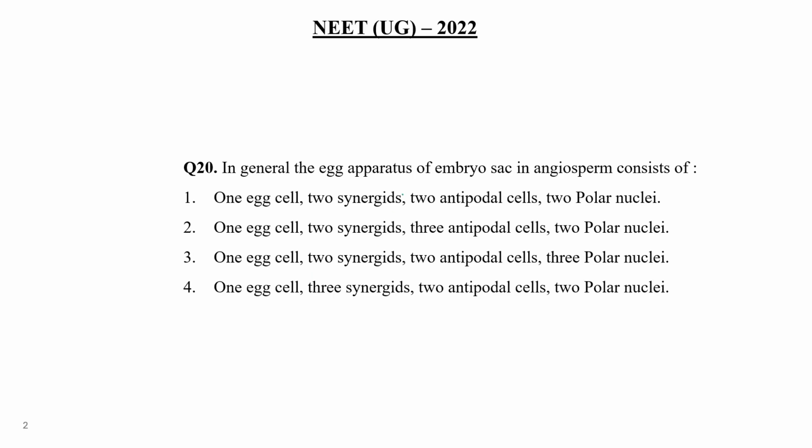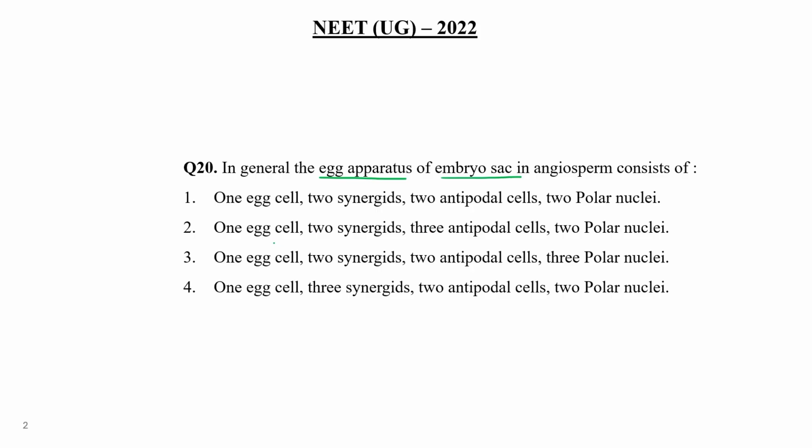Next, in general, the egg apparatus of the embryo sac in angiosperm consists of: one egg cell, two synergids, two antipodal cells, two polar nuclei.